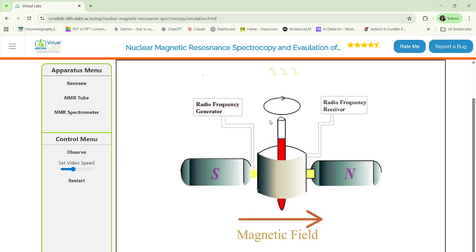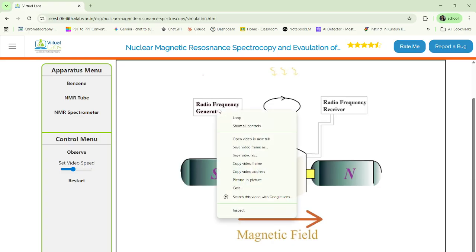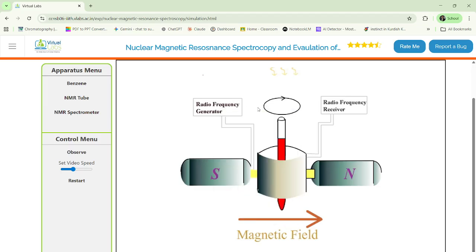When the radio frequency hits, we have a source of radio frequency here. As you can see, when the radio frequency hits the nucleus, it flips from the alpha energy state to the beta energy state.